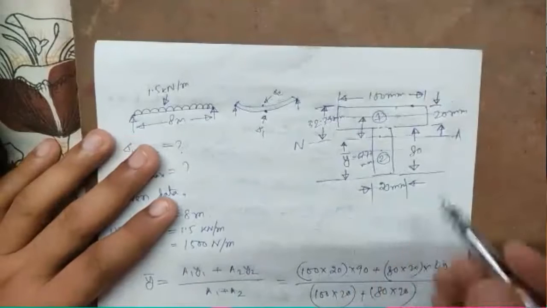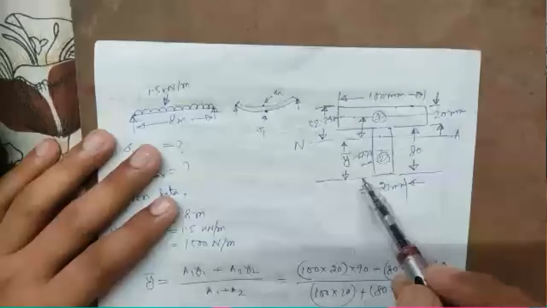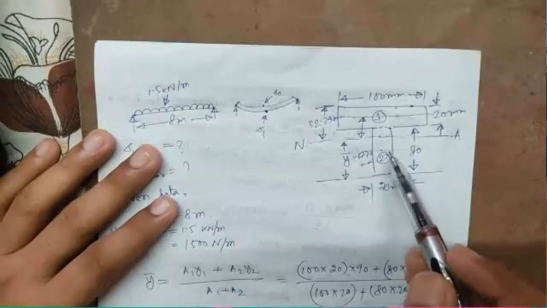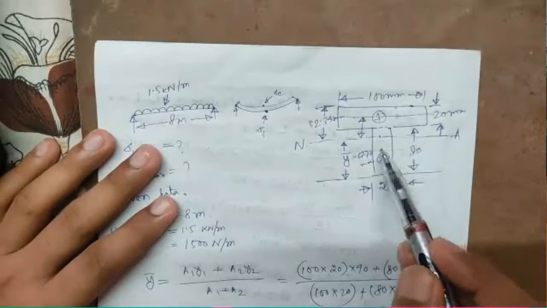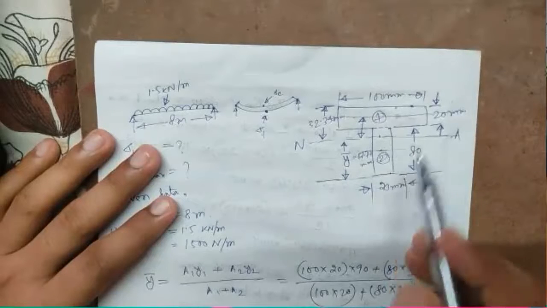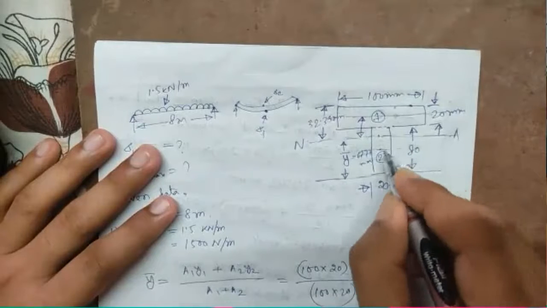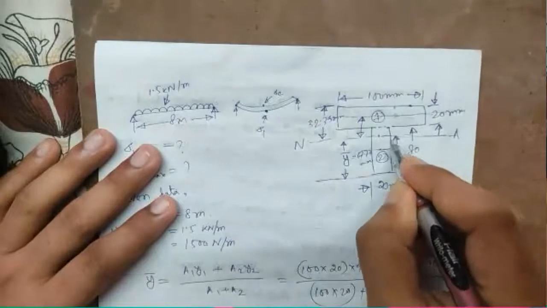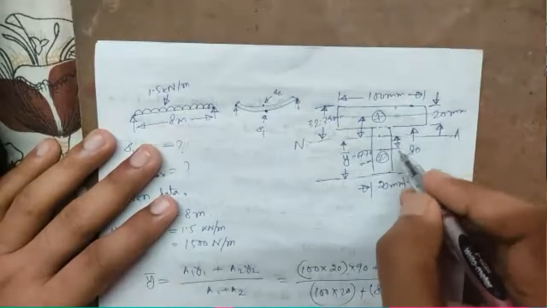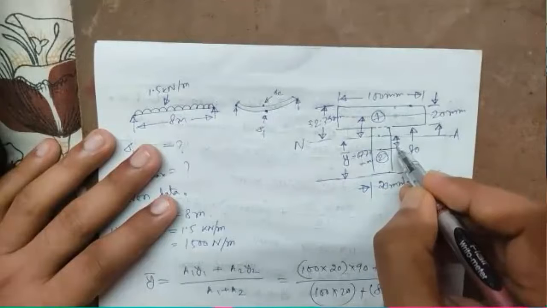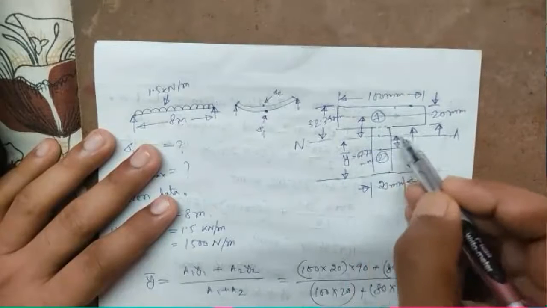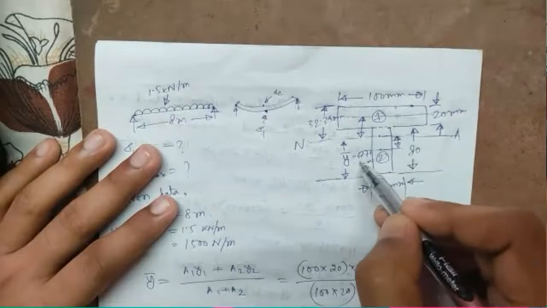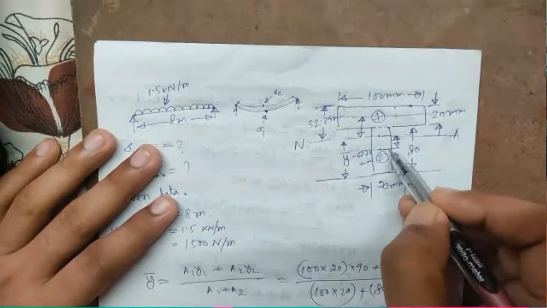From the bottom face, the centroidal axis will be at half of 80, a distance of 40. Up to this line it is 67.77, and up to this line it is 40.